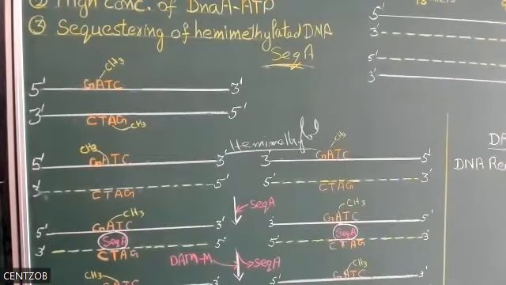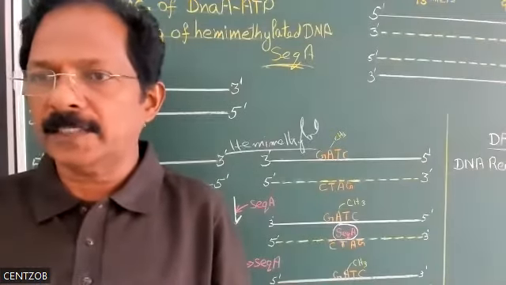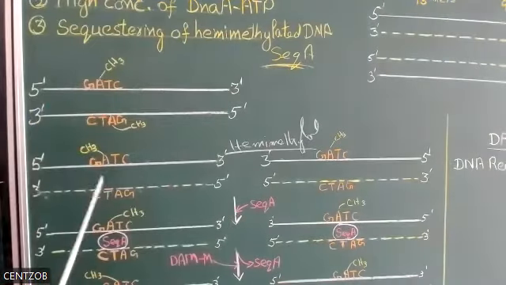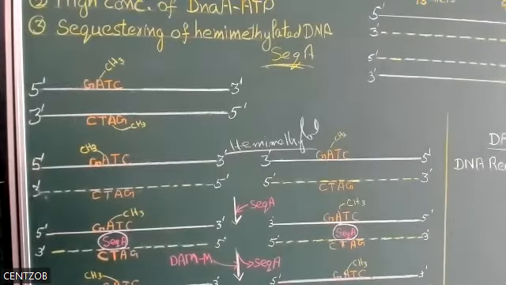So the SeqA will bind only to the hemimethylated DNA. That also you should understand. Then, in this condition, what is taking place is this gets sequestered. The hemimethylated DNA cannot undergo the replication process.